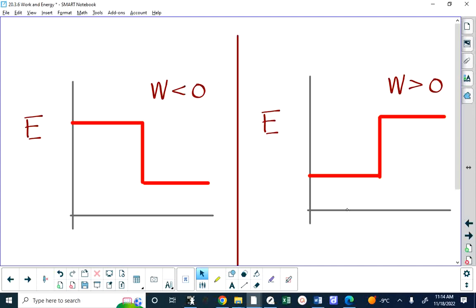So even though work is a scalar, work can be negative. In physics 30, we'll go even further and say, you know what, we can use negatives for energy as well, but that's a little more confusing to explain at this level. Okay.